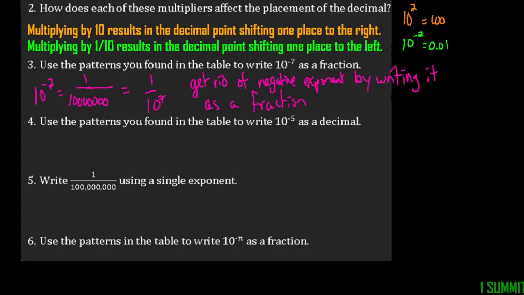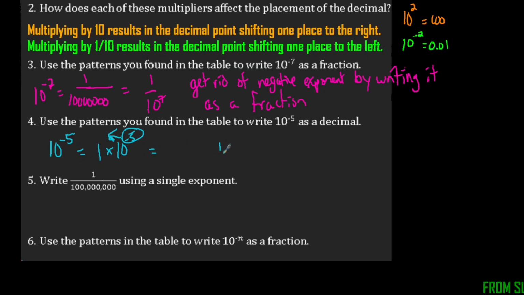The same idea for the next one, we could say, okay, if we have our pattern, it says to use our patterns found in the table to write 10 to the negative 5 as a decimal. So I can say, all right, I have 10 to the negative 5. That's going to be the same as 1 times 10 to the negative 5. I circle my exponent. I'm shifting it 5 times to the left. So I would say this is equal to, I can put a 1 here.